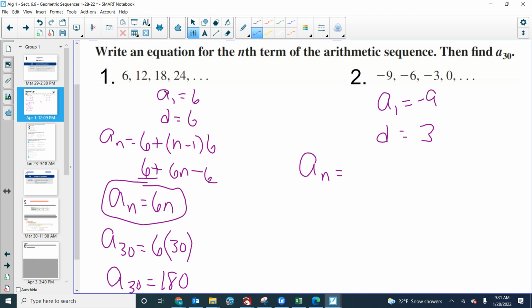Yep, first term plus what? Parentheses, right? N minus 1. And what's my ratio? Their difference? 3. Okay. Figure it out.